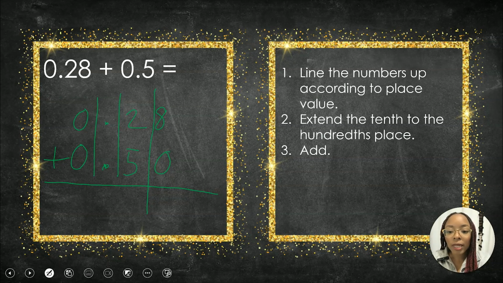We're going to add like normal. 8 plus 0 is 8. 2 plus 5 is 7. The decimal does not move. And 0 plus 0 is 0. So the answer to 0.28 plus 0.5 is 0.78, or 78 hundredths.